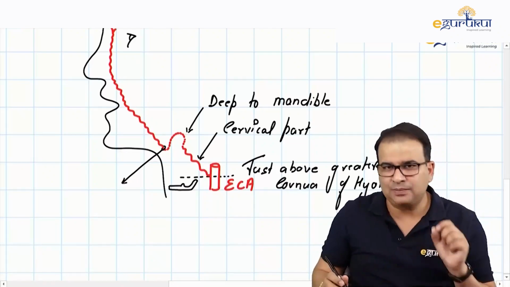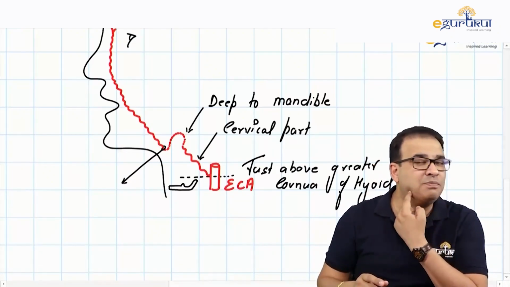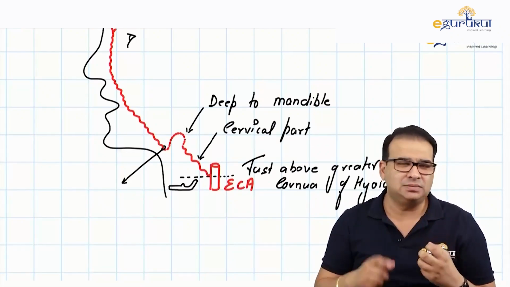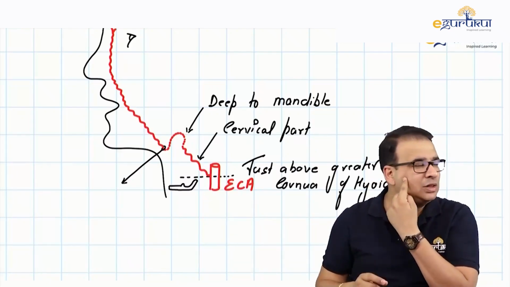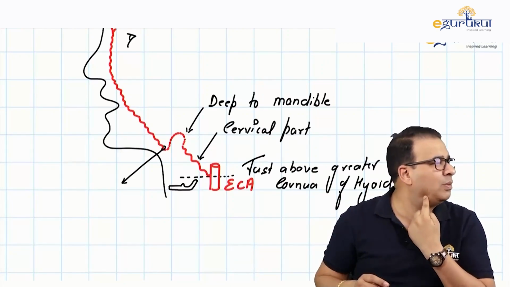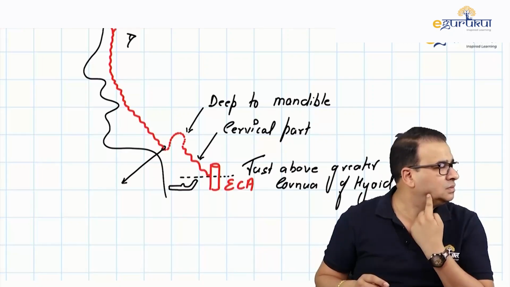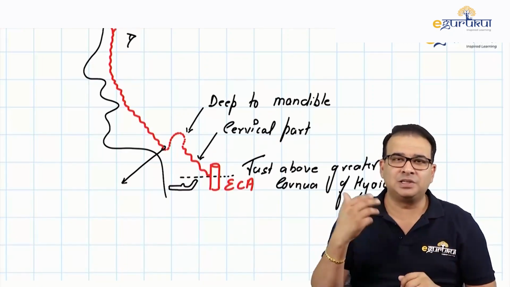on the face. Now, what is that point where the facial artery emerges on the face? That is the anterior-inferior angle of the masseter muscle. When you clench your teeth, the muscle that you feel on the side is the masseter muscle. Now, if you put your finger along the anterior border of the masseter and keep dragging your finger and reach the lower border of the mandible, the anterior-inferior angle of the masseter is the point where the facial artery emerges on the face.